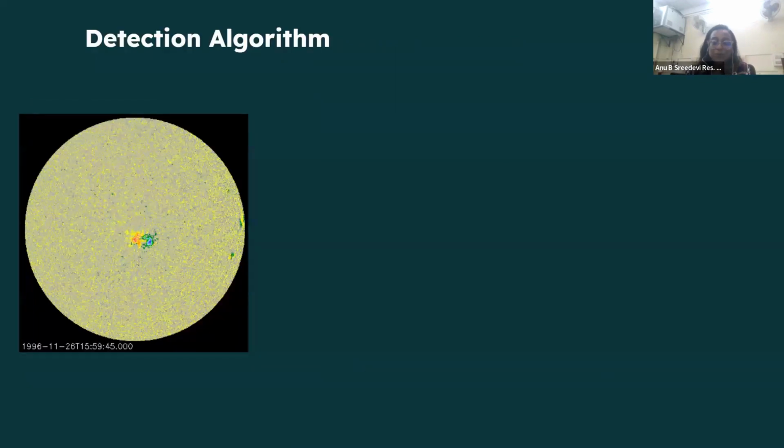But before we track something, we need to detect something. So let me just give a brief explanation of the detection algorithm. The detection algorithm is not our own. It's by Stenflo and Kosovichev, 2012. The detailed steps of the algorithm are given in their paper. But briefly, it looks something like this.